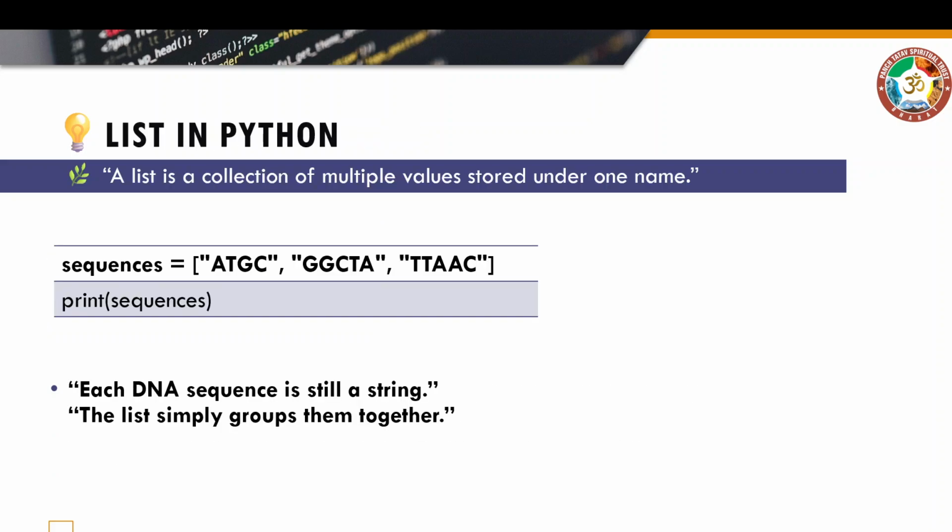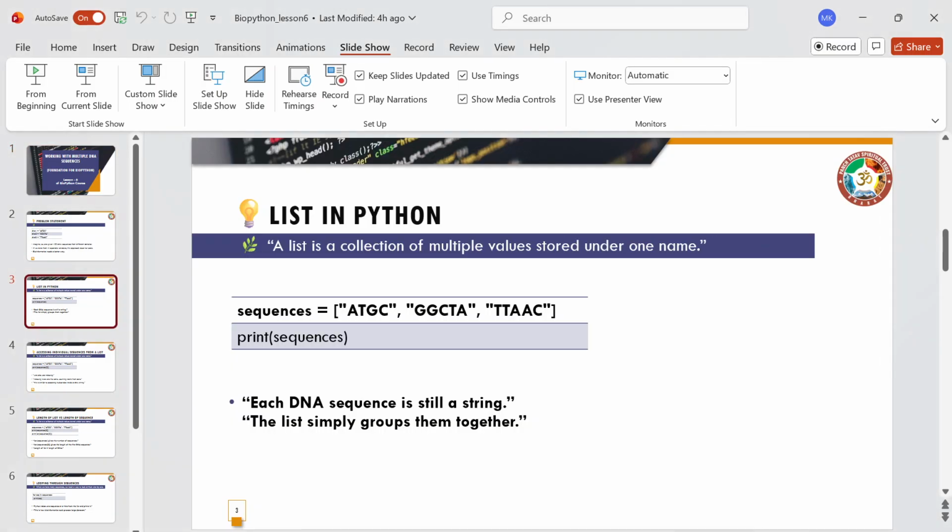Now, what is a list? A list is a collection of multiple values stored under one name or under one variable. Just like a folder contains multiple files, similarly, a list can contain multiple values. For example, let's open our VS Code.